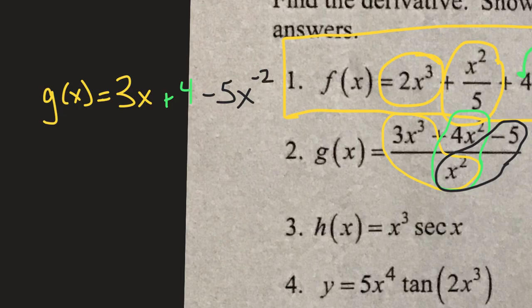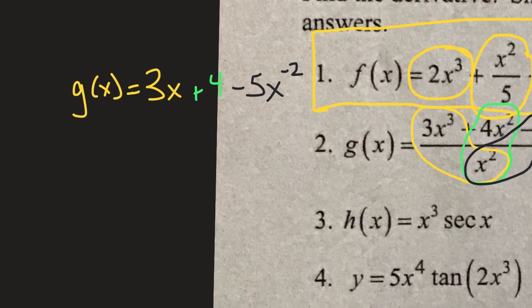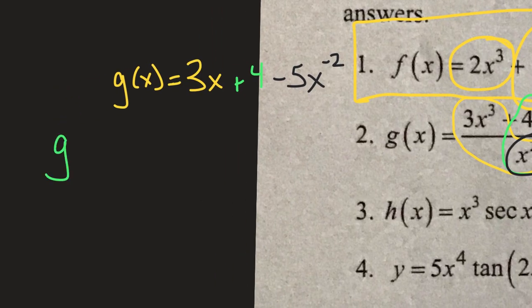I would rather not have any fractions in my problem when I start to take a derivative. It was an x to the positive 2 in the denominator, and our property says you bring your power to the top and make it a negative. So g is much simpler now. We can take the derivative pretty easily. The derivative of 3x is 3, right?